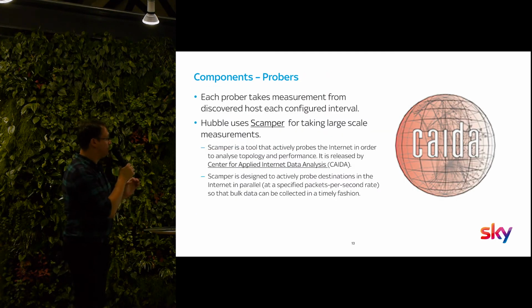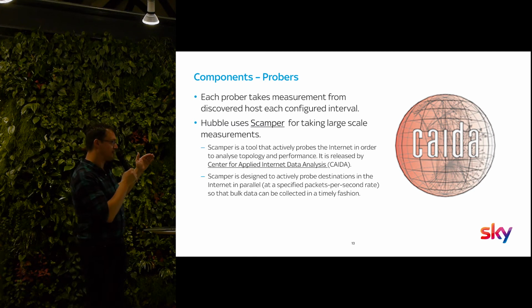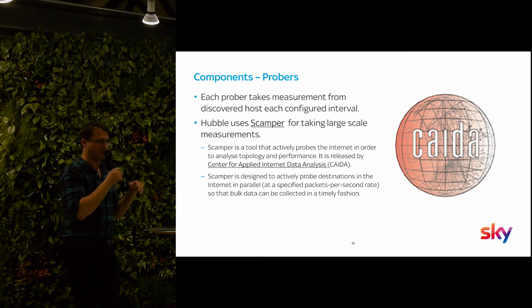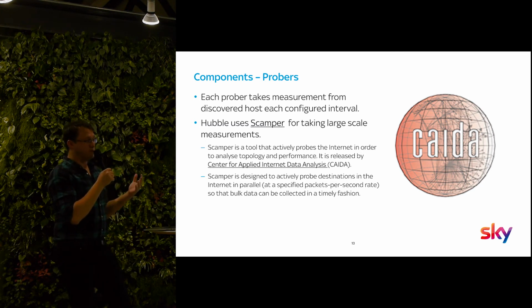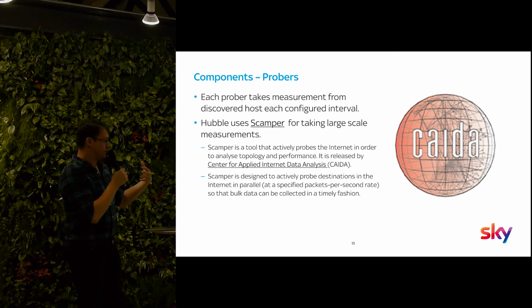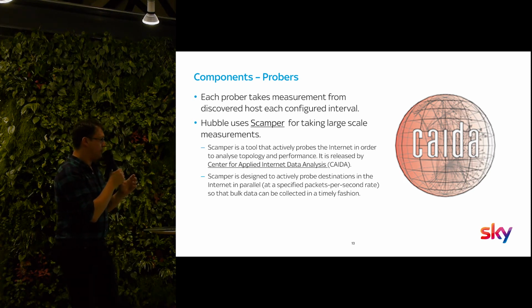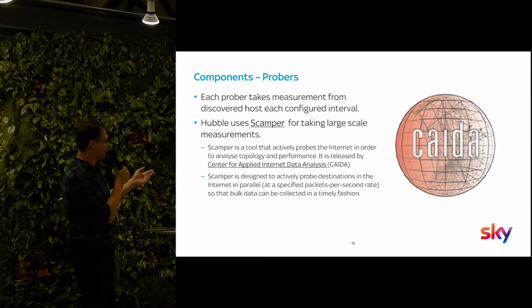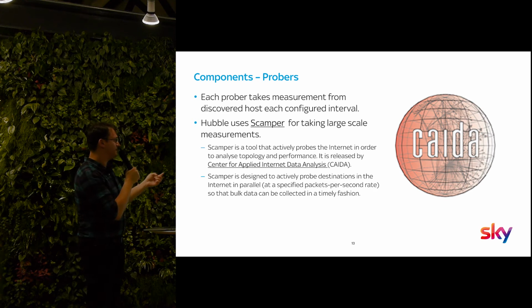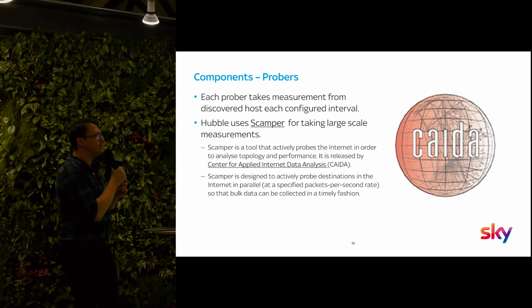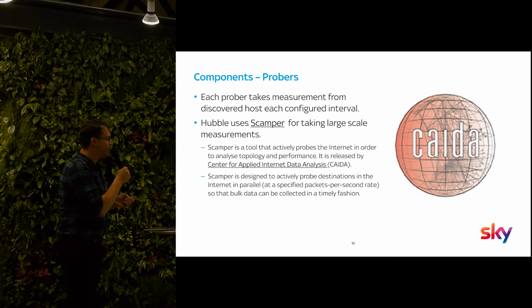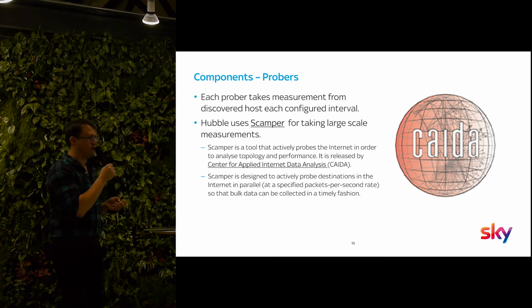And so for the prober, once ZMap returns all the responding hosts, it sends them through the message bus to something called Scamper. Scamper is an open source platform by the Center for Applied Internet Data Analysis at the University of San Diego. This is also wonderful, another small tool. It supports quite a lot of features.